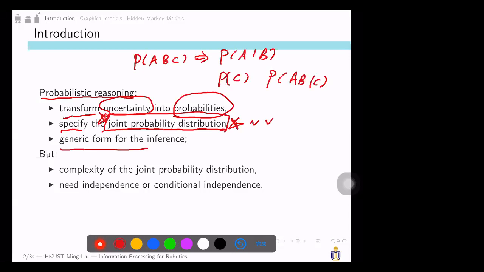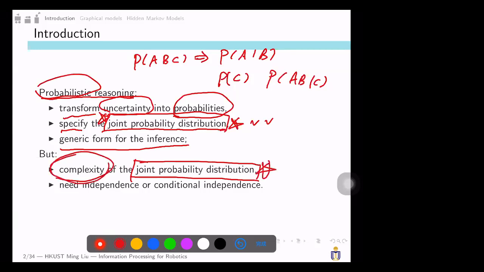And we want to find the generic form for this inference. That's what is good for probabilistic reasoning. But besides that, we need to respect two other factors. One is the joint probability distribution: this is very important, but at the same time, its complexity is very high.